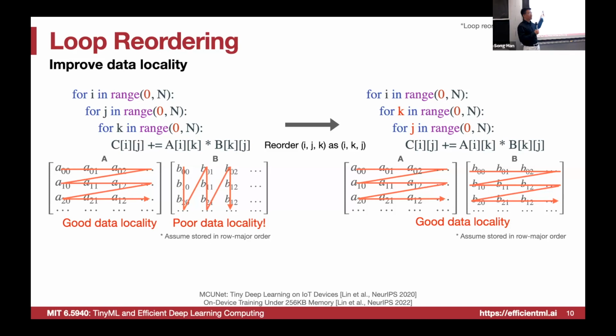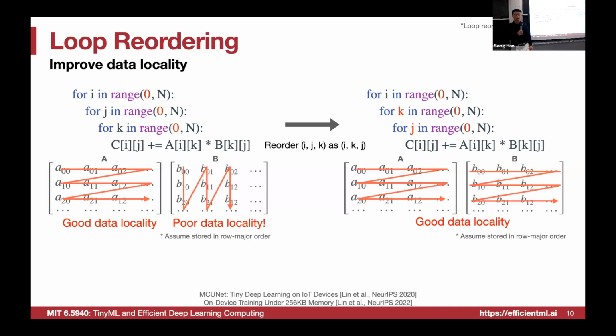So B will also have this row-wise access pattern. What about C? Is C getting better or getting worse if we change from ijk to ikj? C will have a worse locality because previously, after looping through j and k, C was pretty much fixed. We just calculate the same C[i][j] within the k loop. After calculating one component C[i][j], we move to the next component and loop over k.